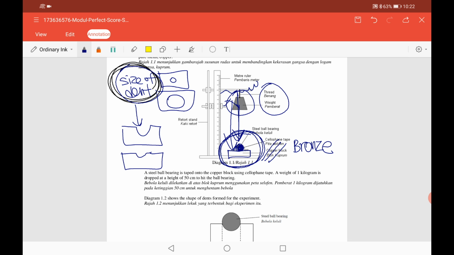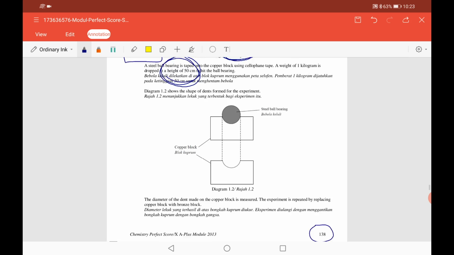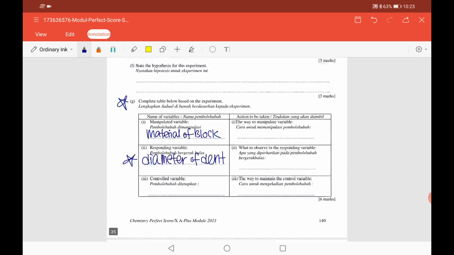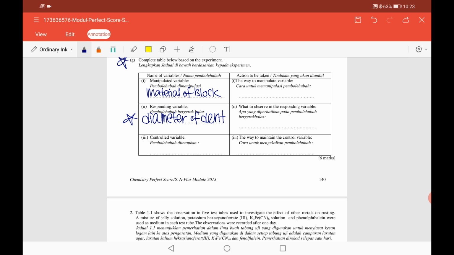Let's say initially you drop it from a height of 50 centimeters. When you repeat the experiment, you must use 50 centimeters as well. Else, if you use a different height, the dent will be a different size as well. So in this case, the control variable can be the mass of the weight.